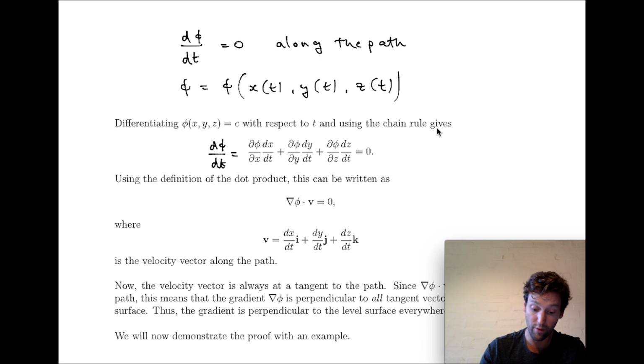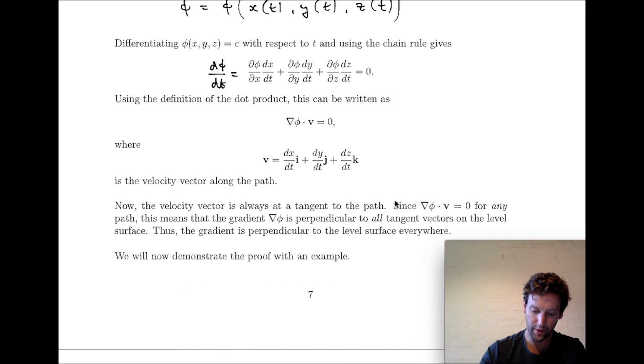In fact, I can rewrite this as the dot product of two vectors. The vector of components d phi dx, d phi dy, d phi dz, that's just the gradient of phi, and the vector of components dx dt, dy dt, and dz dt. Well, that's just the velocity vector.